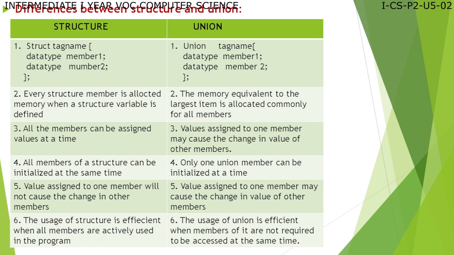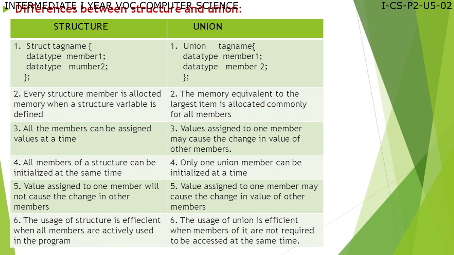Next, the fourth point for the structure: all members of the structure can be initialized at the same time. But you know very well, in a union, only one member can be initialized at a time.